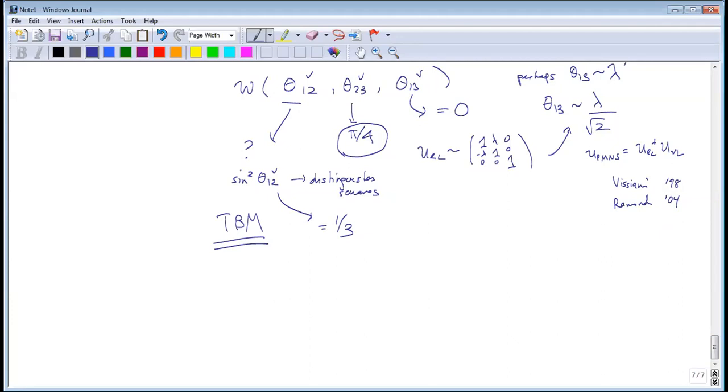This scenario has been explored a lot, and prior to the reactor angle measurement it was thought, this is it, we've got to be onto something, because this actually looked good compared to some of the other things one comes up with. You're like, oh, look at that beautiful structure.